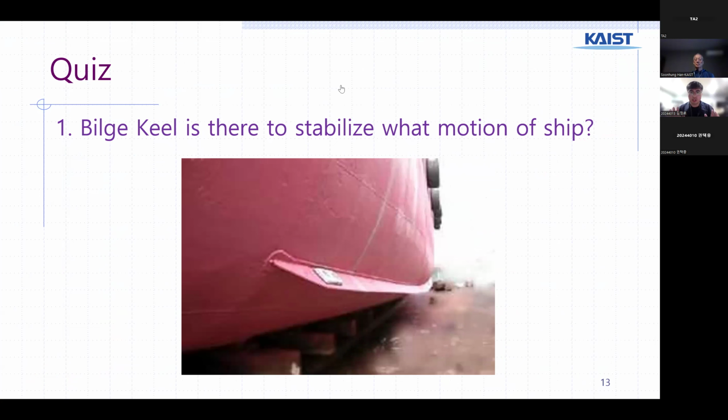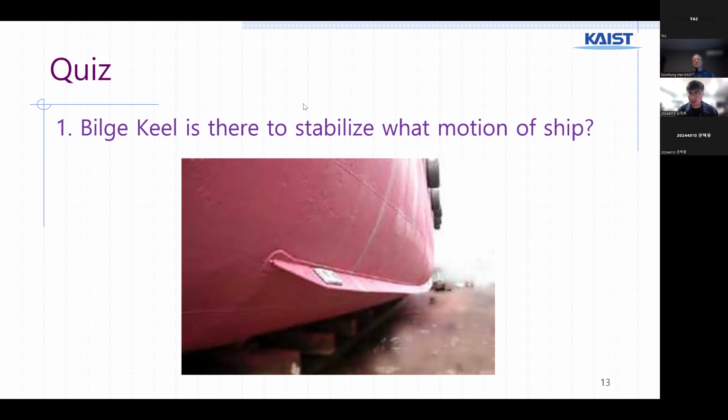I will give you 10 seconds. Time is up. Correct, the fin stabilizer is for stabilizing rolling.